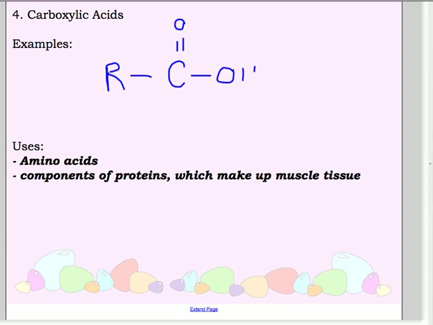So this whole thing, the COOH, is what makes it a carboxylic acid. If on this carbon you don't have both of these, you're not a carboxylic acid. Carboxylic acids are the most common thing because they're your amino acids. They make up your proteins, and all that kind of fun stuff.